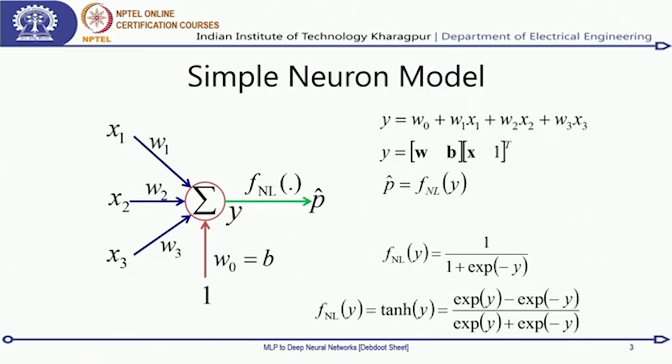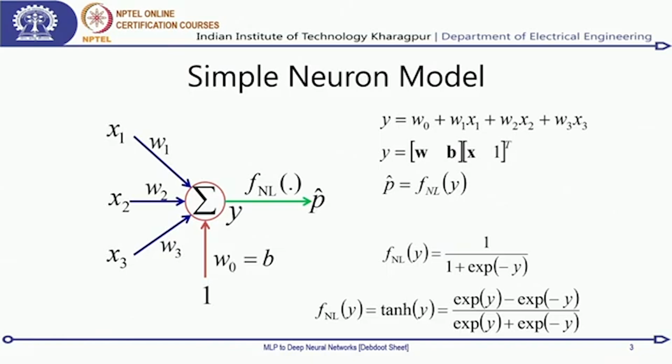And on the contrary, with a tan hyperbolic, as the value of y tends towards plus infinity, you get a value which is saturating at plus 1. As the value of y tends towards minus infinity, you get a value of this nonlinearity which is at minus 1.